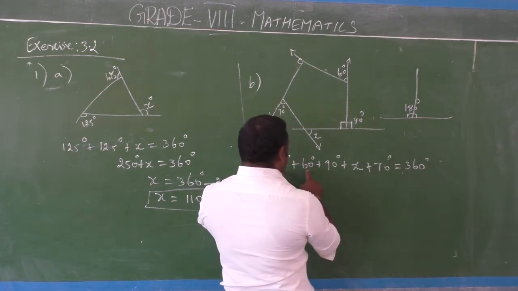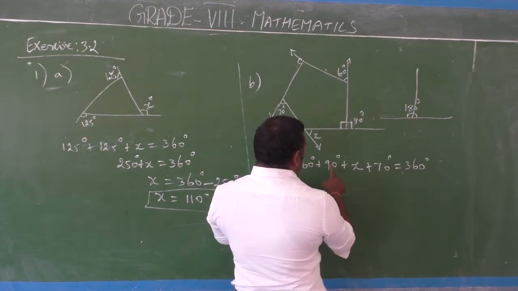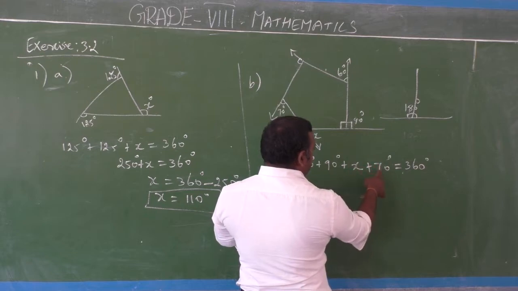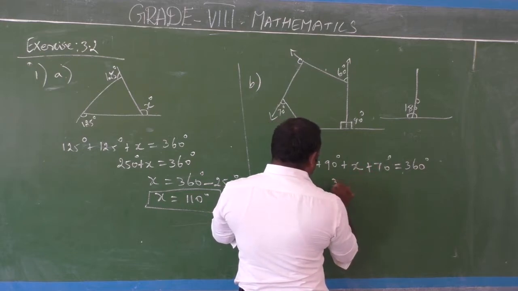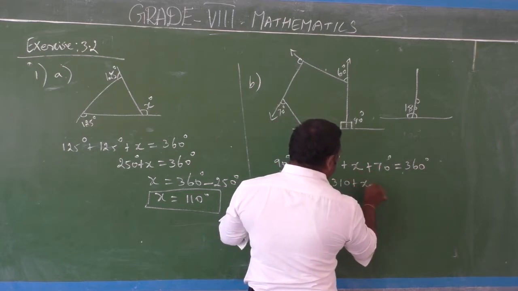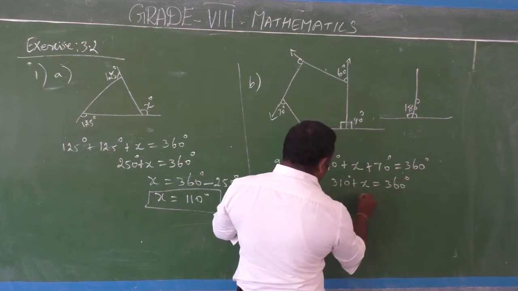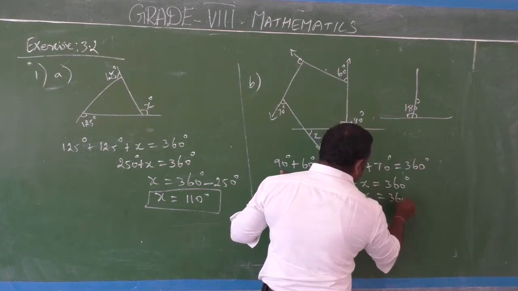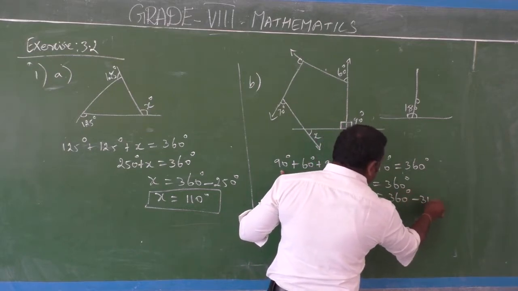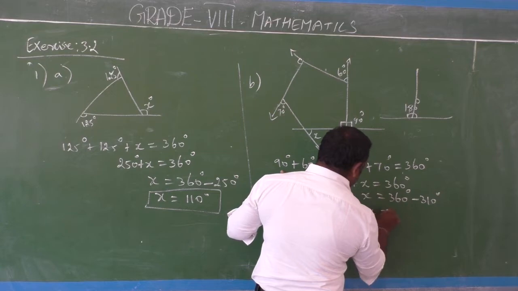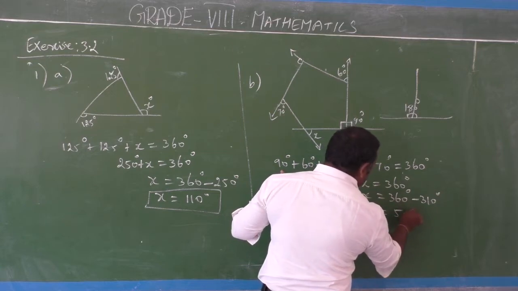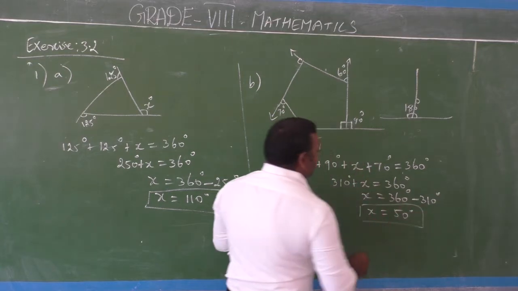So 90 plus 60 is 150, 240, 310. So 310 plus x is equal to 360 degrees. So x is equal to 360 degrees minus 310 degrees. So x is equal to 50 degrees.